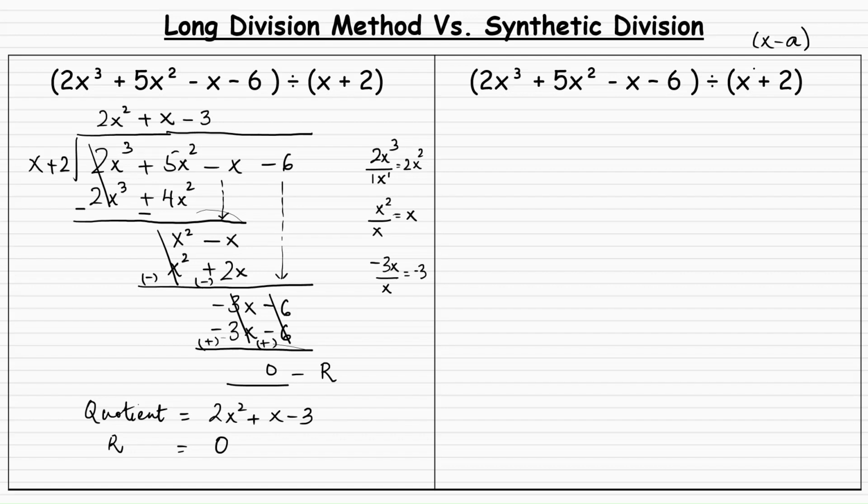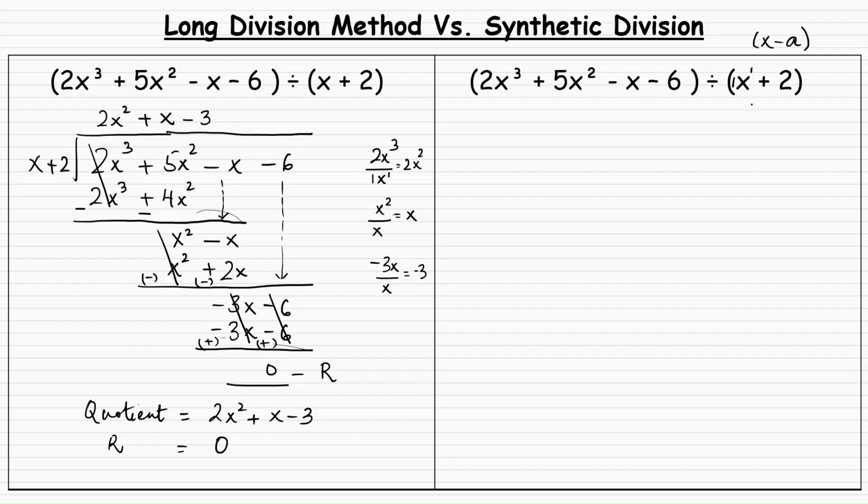If it is linear, meaning the degree is 1, then only it works, and especially when the coefficient of x is 1. If the coefficient of x is something else, it will take up a fractional form and that will become a little tedious to work out. So, synthetic division works the best when your divisor is of the form x minus a.